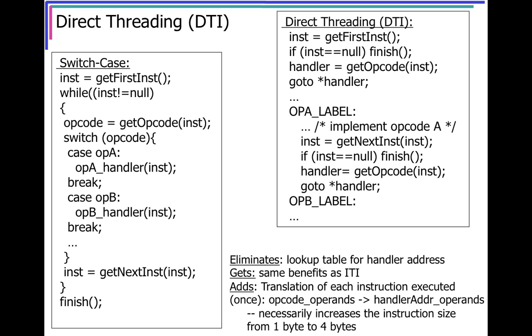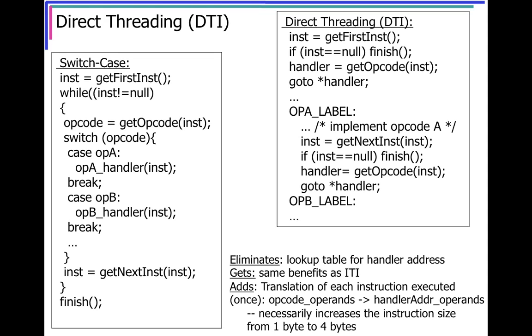So now when I decode an instruction, I simply jump to the opcode, because the opcode is now an address. So you get all the same benefits as indirect threading, but now you don't have this lookup table. What we added, however, is that we have to translate a program when we first read it in, and that can be done pretty quickly.